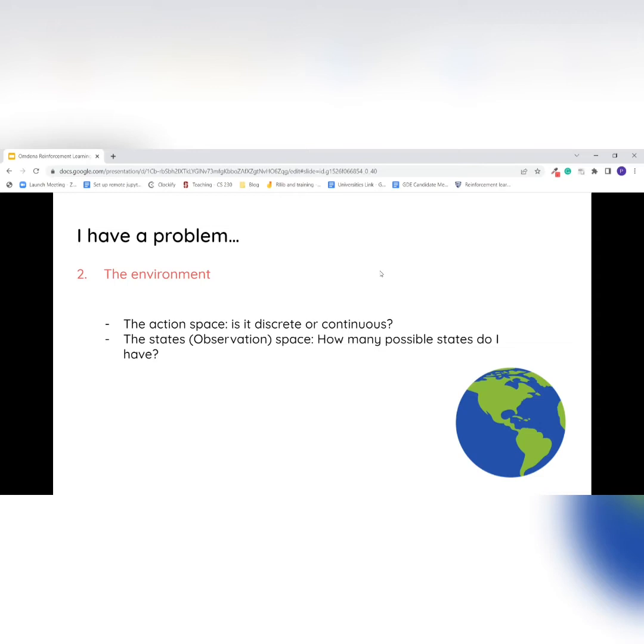So these are things to consider in the environment, and not only these two, because these are the basic elements of our environment. We can have more complex things to consider. For example, if you have extra information that will help the agent, we can also include that in the environment and the state.